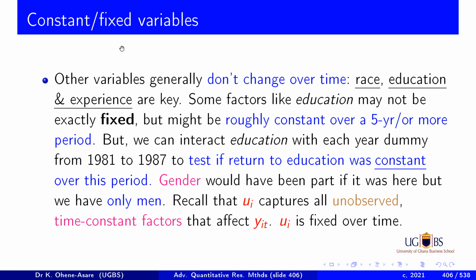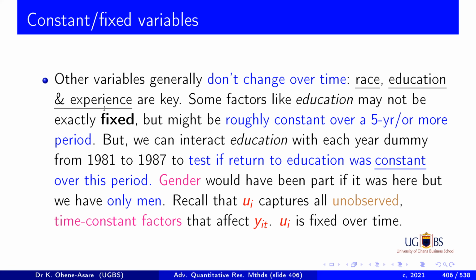They just entered the labor market. We made the assumption that they do not intend to go to school over that 8-year period. They are here to make money. And so education is considered fixed. The education the person had in 1980 is fixed. It's not going to be increasing or decreasing.